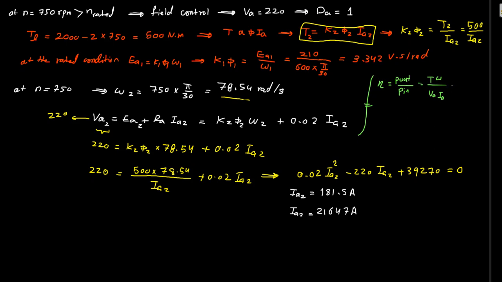For the second one, the torque is 500, the speed is 78.54, over the voltage is 220 multiplied by this current IA2. If we do the math, then the efficiency almost equals 0. So this means that this solution is not acceptable or not feasible. So this is the solution that you will take. If you calculate the efficiency, it will be around 0.98.